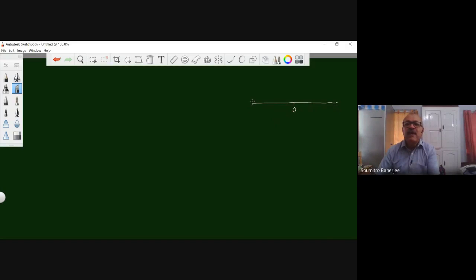Now we can divide this space into a finite number of divisions. So this one can be -1, -2, -3, 1, 2, 3, and so on and so forth.